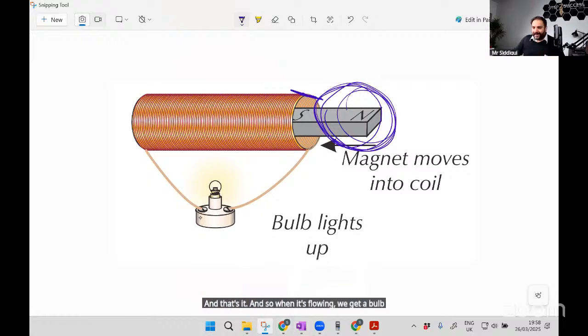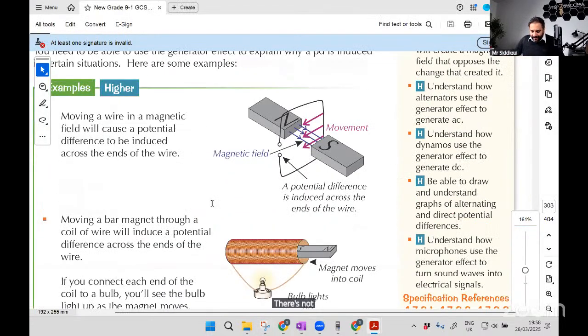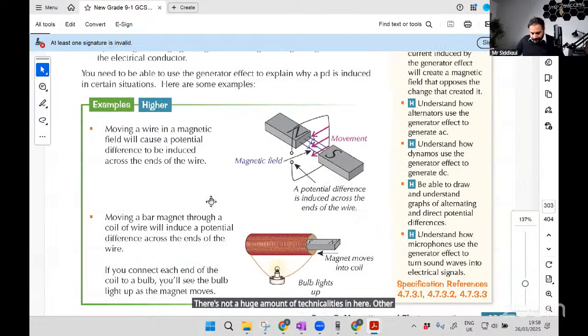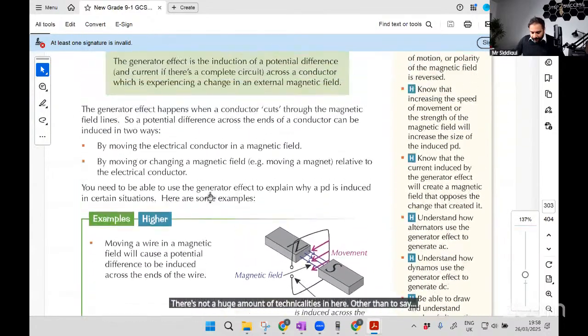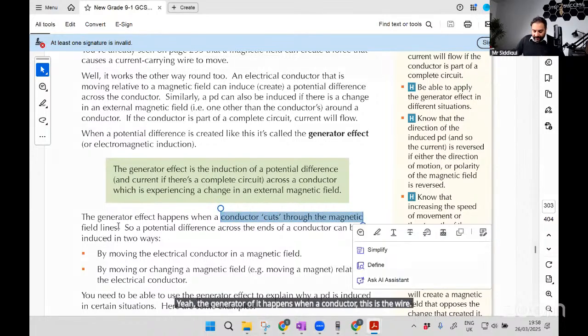So we only get it lit while the movement is happening. If we keep on moving the magnet, we will keep on getting the electricity and the bulb will stay lit. If we stop, the bulb will stop being lit. That is ultimately the generator effect. And you'll notice that there's not a huge amount of technicalities in here, other than to say the generator effect happens when a conductor, which is the wire, cuts through the magnetic field lines.